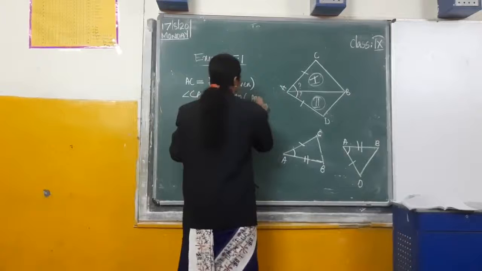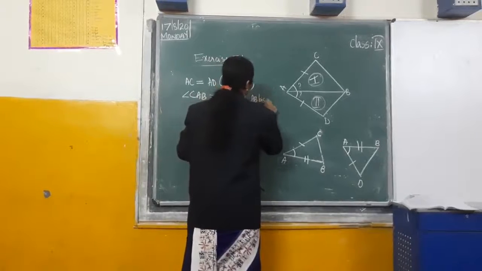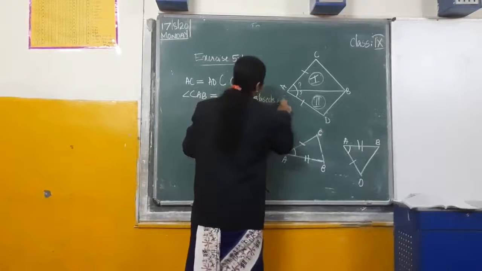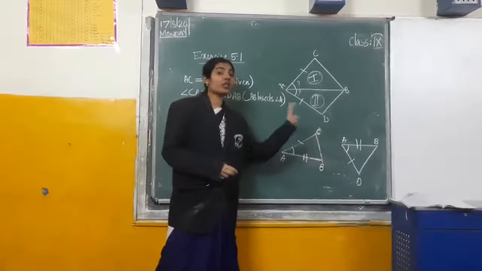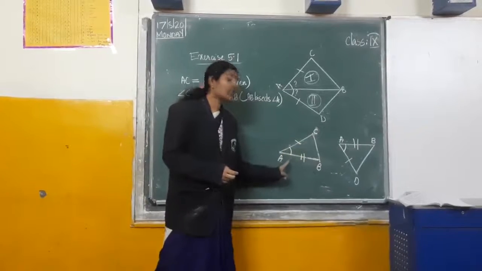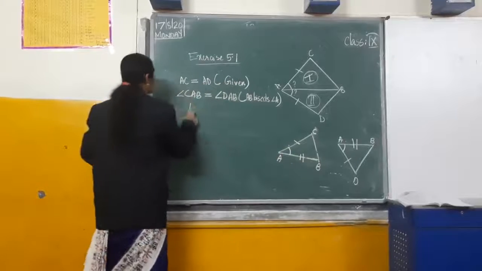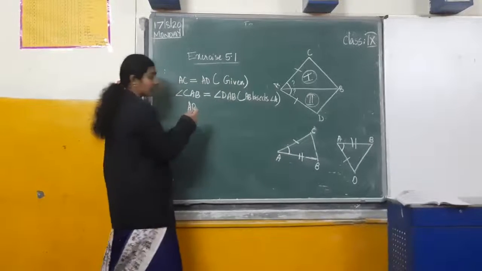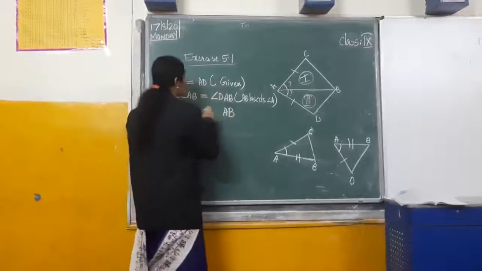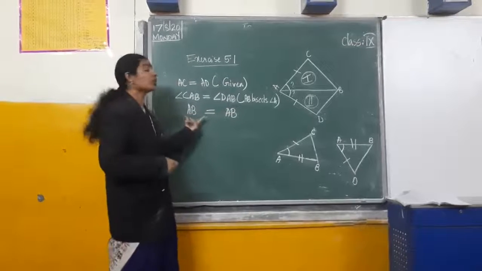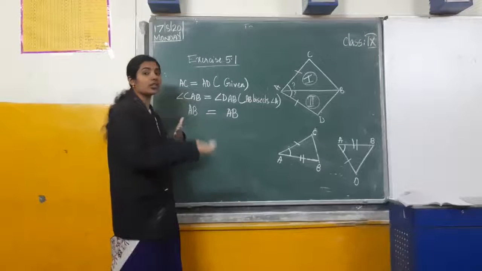AB bisects angle A. Next you can see in both triangles one common side is there, that is AB. So for the first triangle the side is AB and for the second also AB. To show that they are common, we should write like this: AB equals AB.